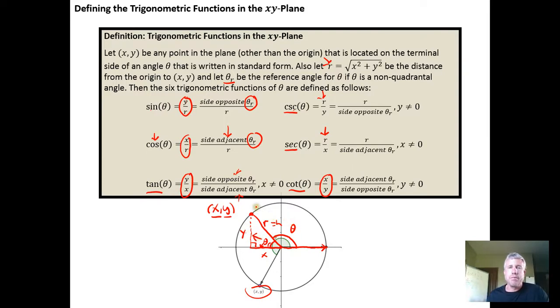X is negative if you're in quadrants 2 and 3, and the y-coordinates will be negative if you are in quadrants 3 and 4. So we'll have signed ratios now instead of positive ratios. That's really the big difference.